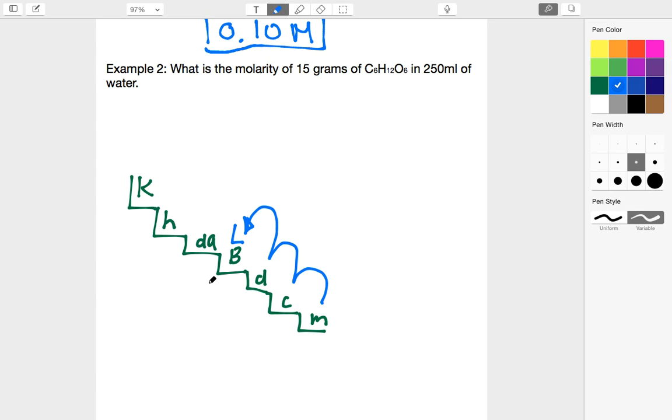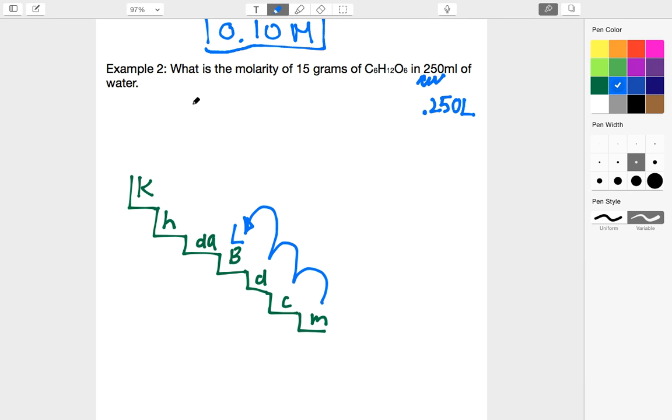In order to do this problem, you need to remember that 1 liter is equivalent to 1,000 milliliters, if you remember this ladder system that we have here. So when it says 250 milliliters, I'm actually moving it 1, 2, 3 spaces this way to get liters. So it's 0.250 liters.